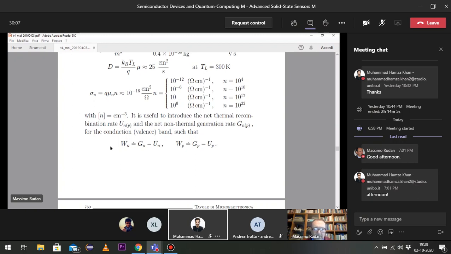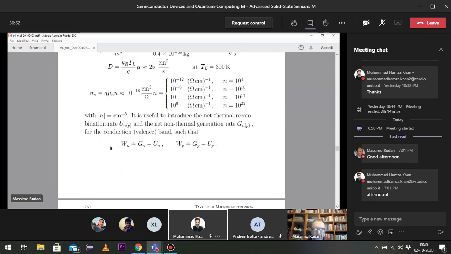Similarly, Gp is the non-thermal generation rate for the valence band. What does it mean? It means that Gn is the total number of electrons that enter the conduction band per unit volume and time, less the total number of electrons that exit the conduction band per unit volume and time for reasons that are not collisions with the lattice, so for non-thermal reasons.